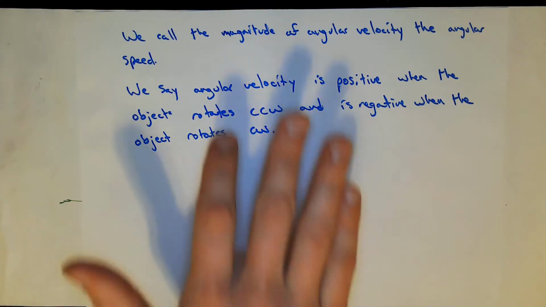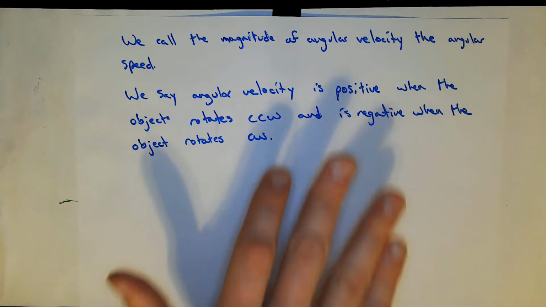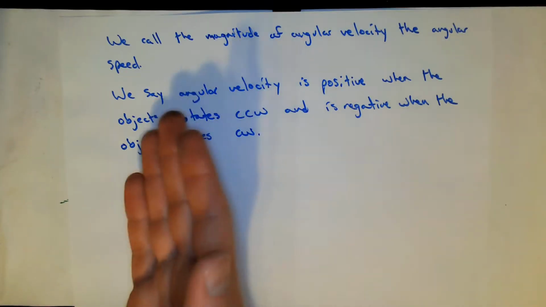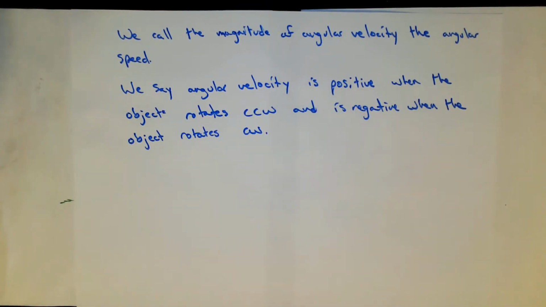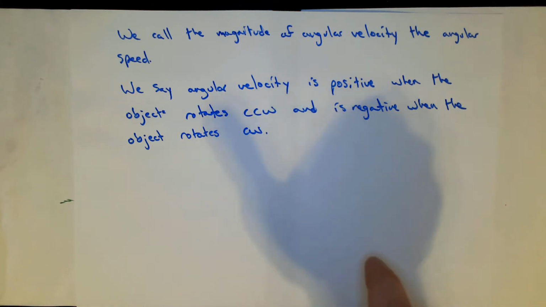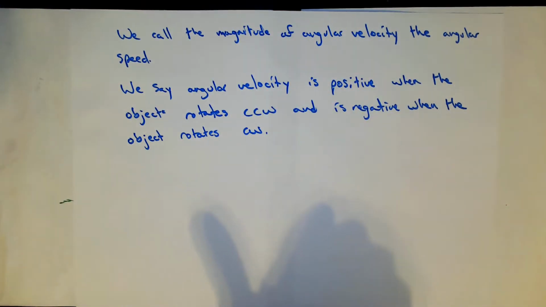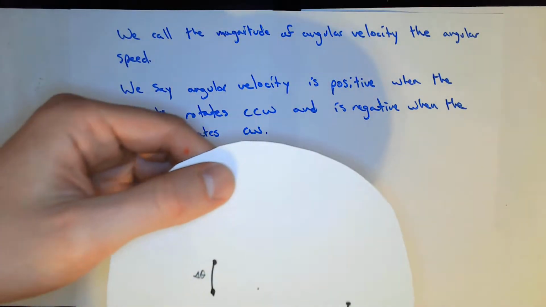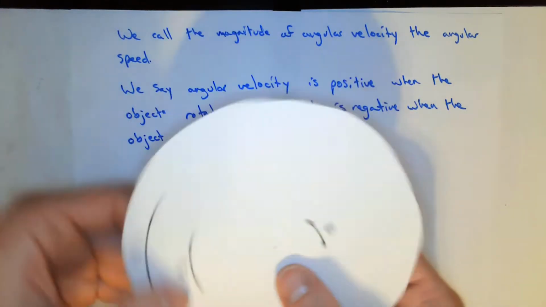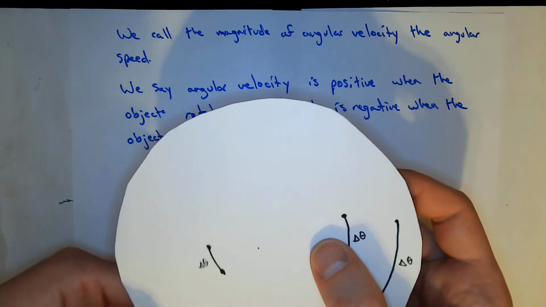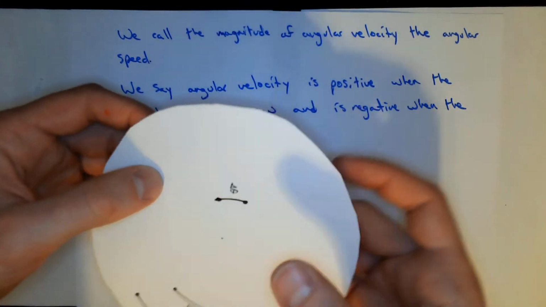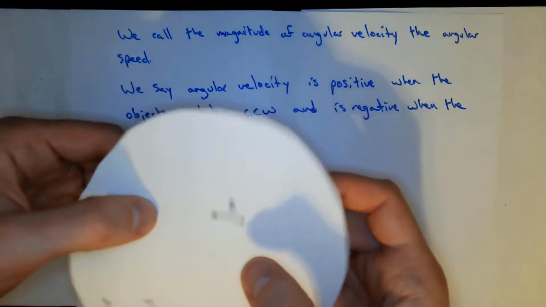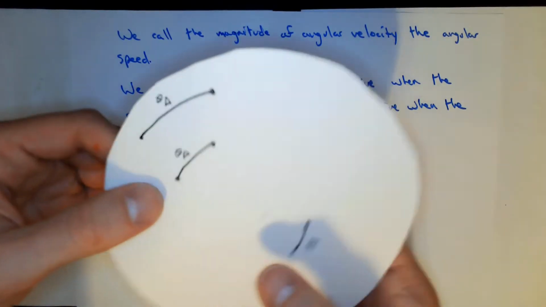So one last thing about the magnitude of the angular velocity, aka angular speed. Two things that are rotating with the same magnitude in different directions, like an object rotating at 7 radians per second this way, has the same speed as an object rotating at -7 radians per second this way, right?